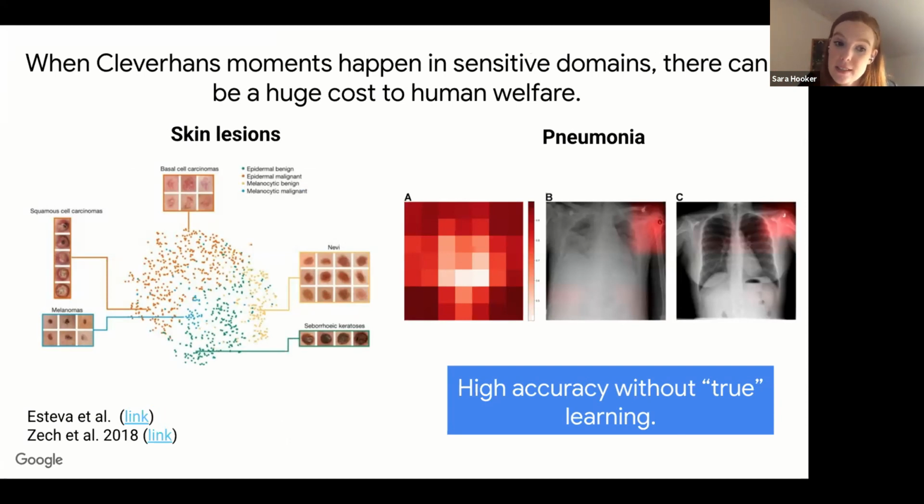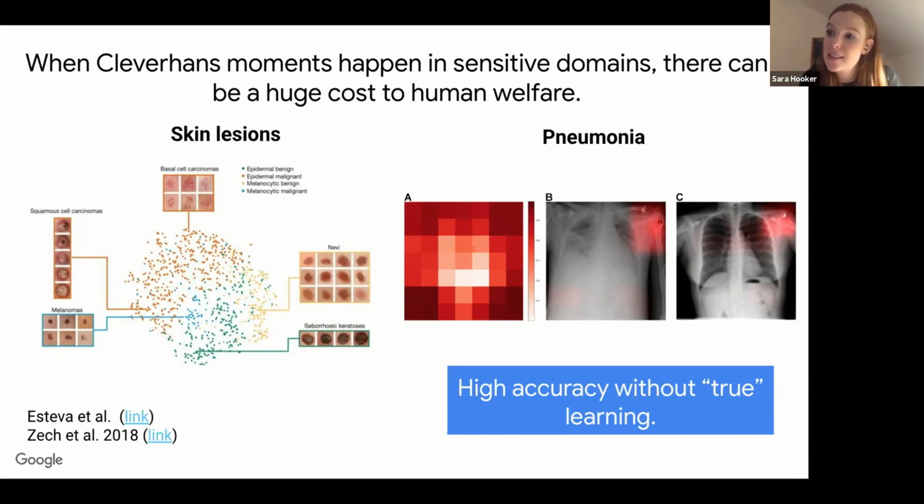One is skin lesions, where essentially the training data had a ruler beside certain types of malignant skin lesions. And so the model learned to pick up that those skin lesions were malignant, but of course that doesn't translate beyond that specific training data. And pneumonia: one of the hospitals in the training set had a metal tag that was typically placed amongst patients, and the model learned to associate it with that particular setting.